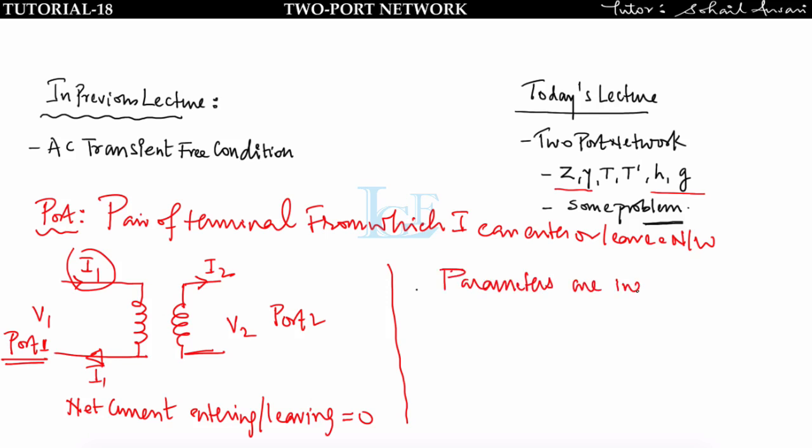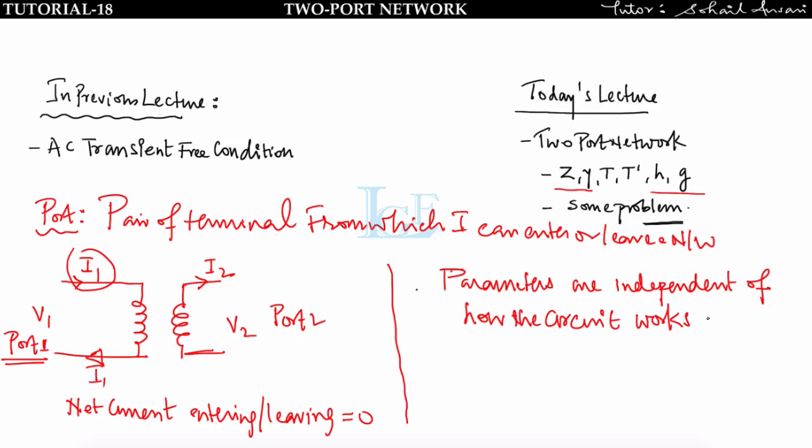In a nutshell, a two-port network is necessary because we want to model any system in terms of these parameters.